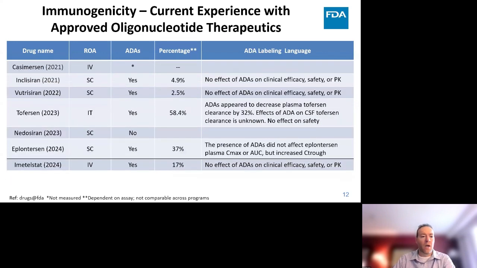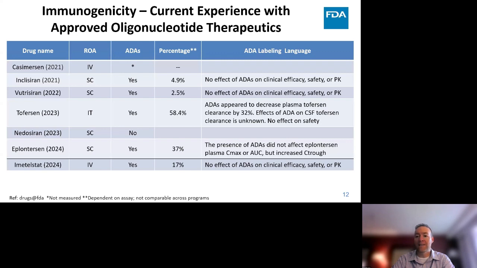Looking at the remainder of the compounds here, just a couple things I want to make a distinction of. Tofersen, another intrathecal oligonucleotide, did have 58.4% positivity of anti-drug antibodies, and they did appear to decrease plasma clearance by 32%. However, the effects of anti-drug antibodies on plasma clearance are unknown.